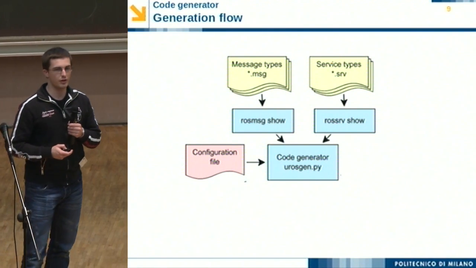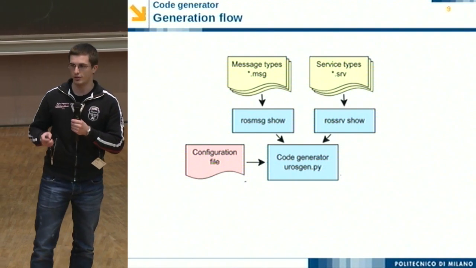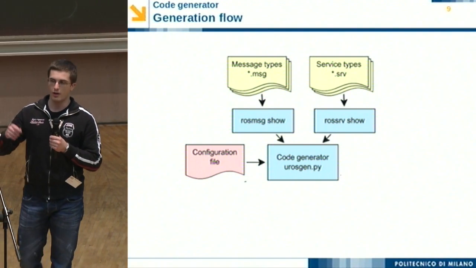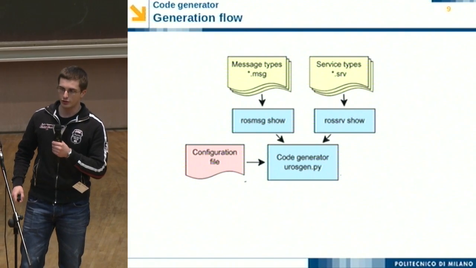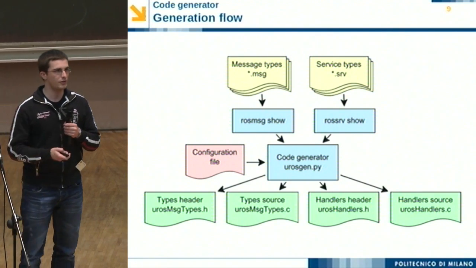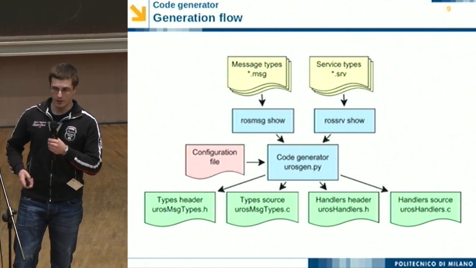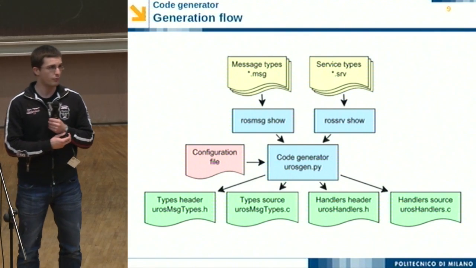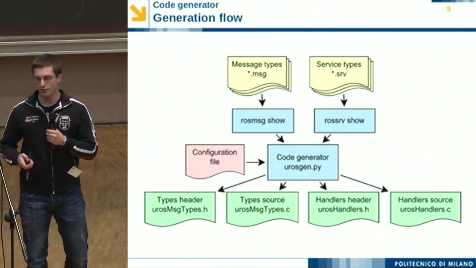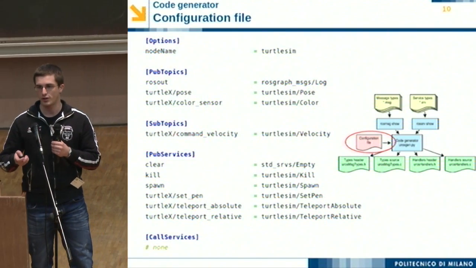Then the code generator takes the descriptions of the messages and services from the existing installation of ROS on the development machine and generates the code for message types, their message marshalling and unmarshalling functions, and the stubs for the topic handlers and the service handler functions.